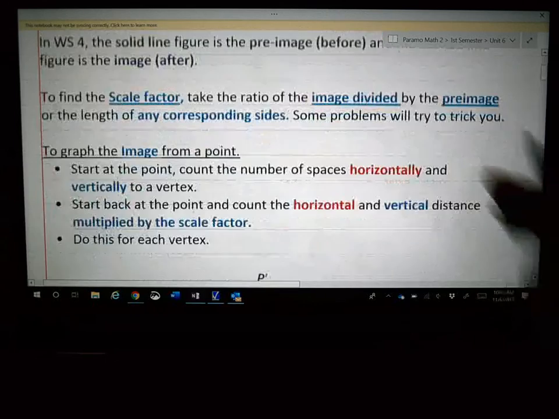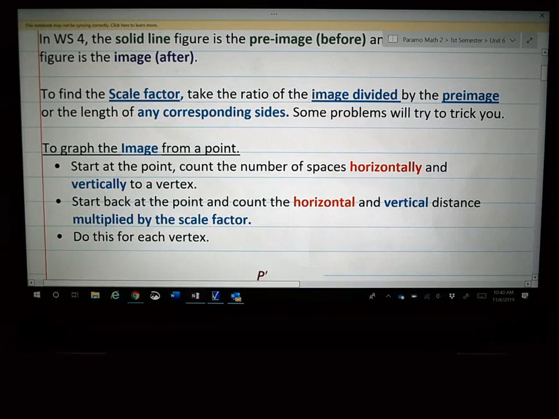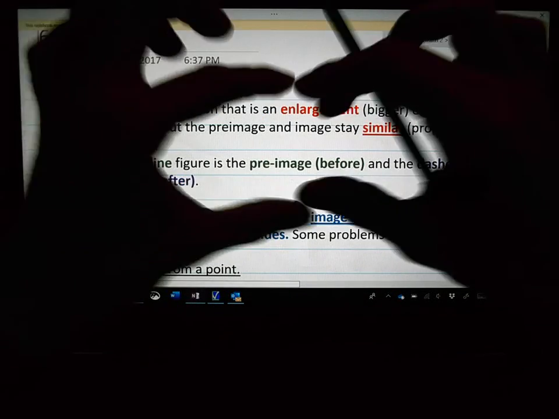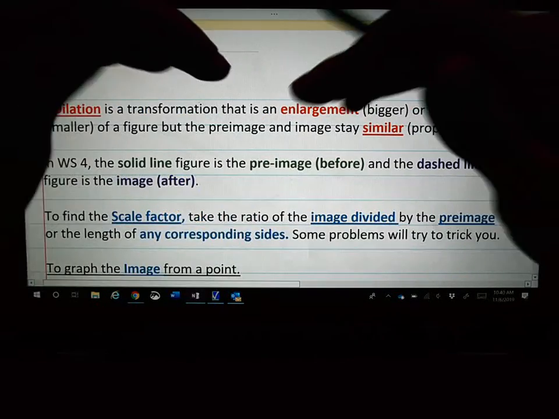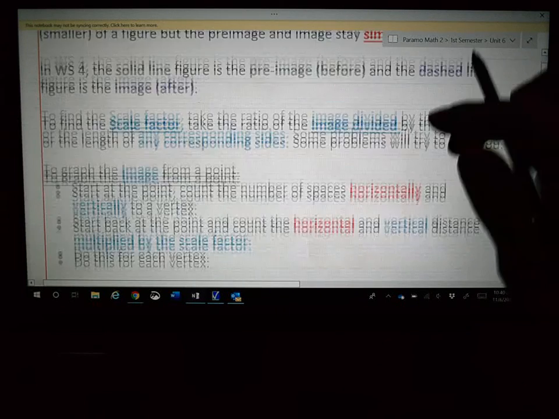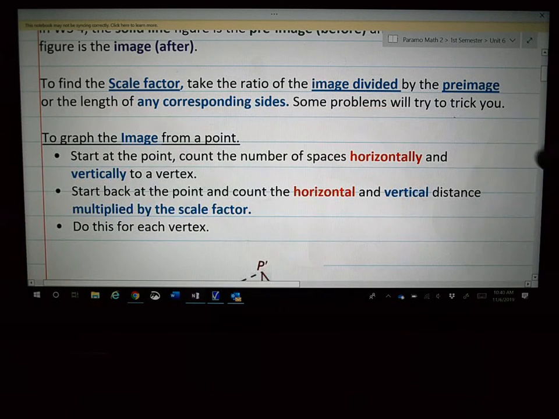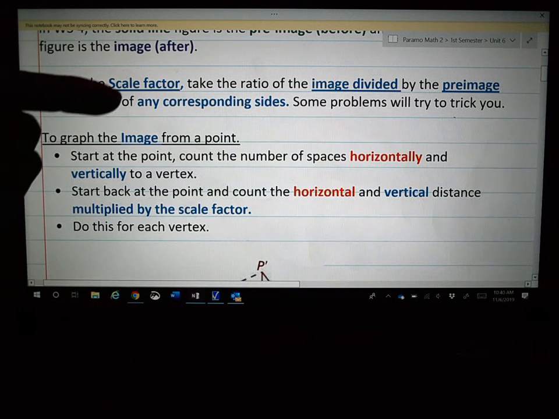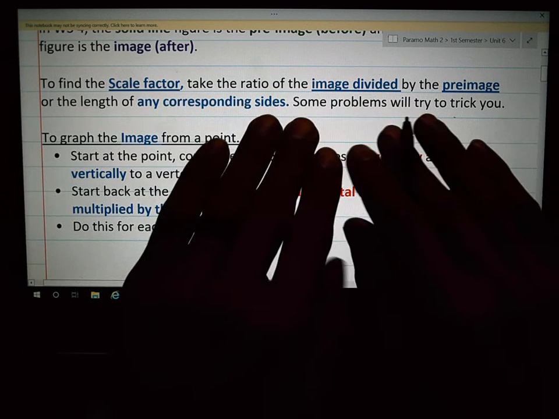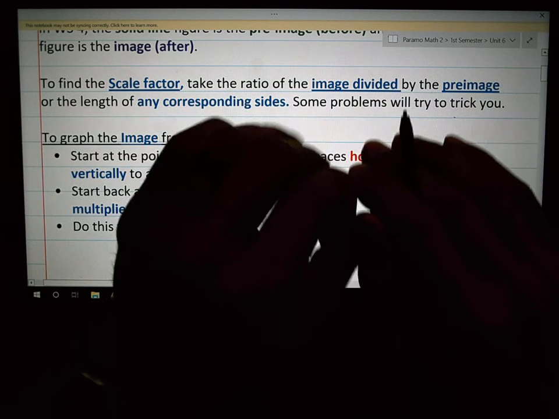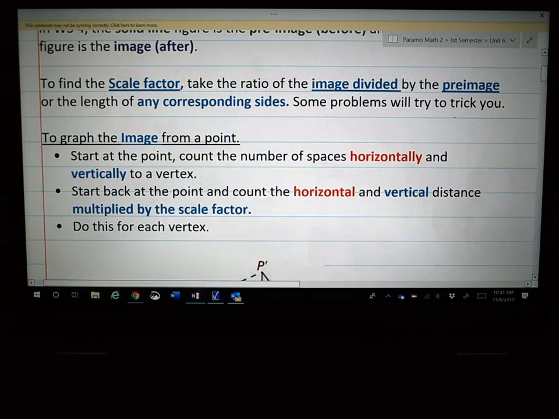Okay? So enlargement or reduction is the easiest part of the whole assignment. The hardest part will be the graphing and finding the scale factor. The easiest way I can describe how to find the scale factor is that it's always the image divided by the pre-image.